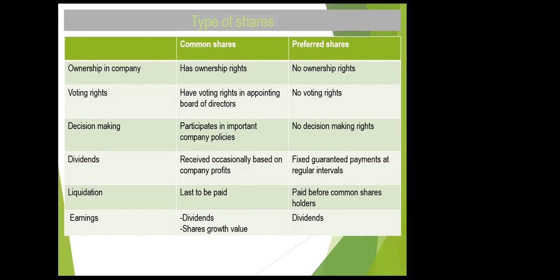This feature is similar to bonds. Remember, when you issue bonds, you have to pay coupon payments at specified periods. So under preferred shares, you have to pay these shareholders, whether COVID or no COVID.